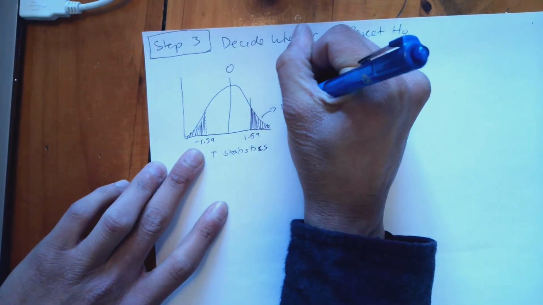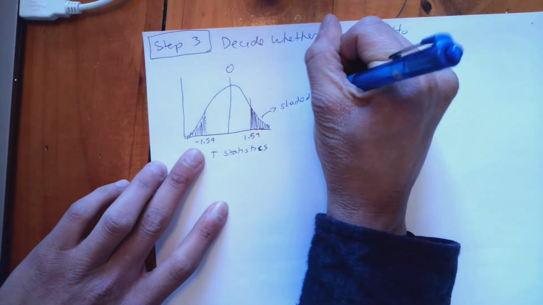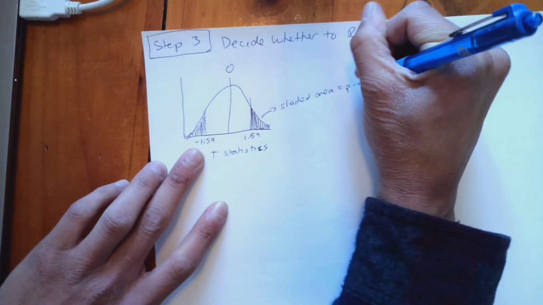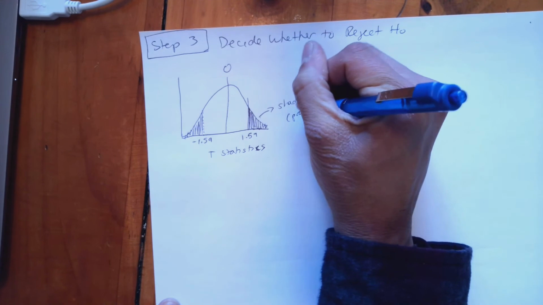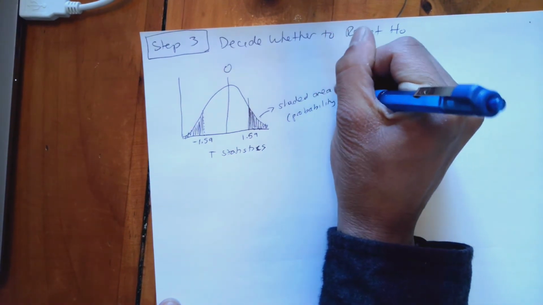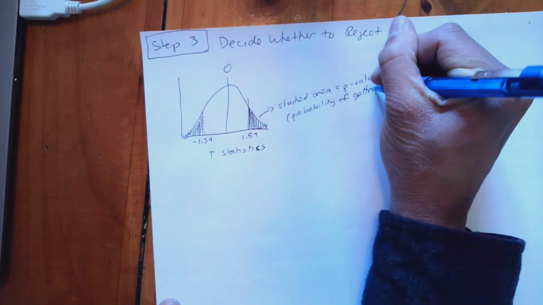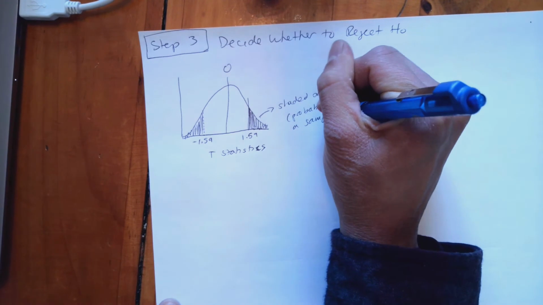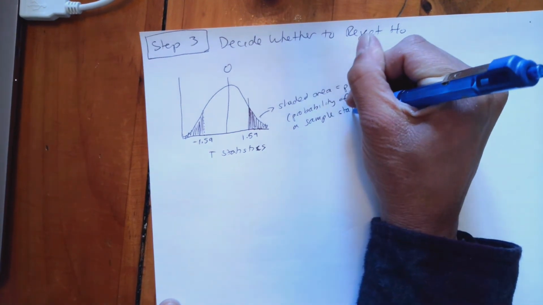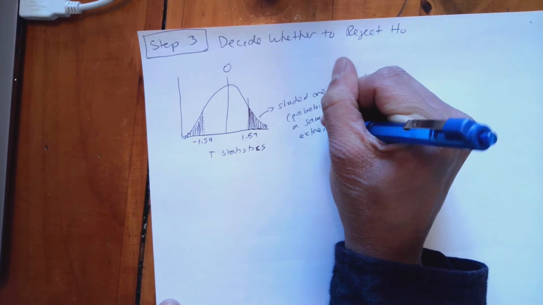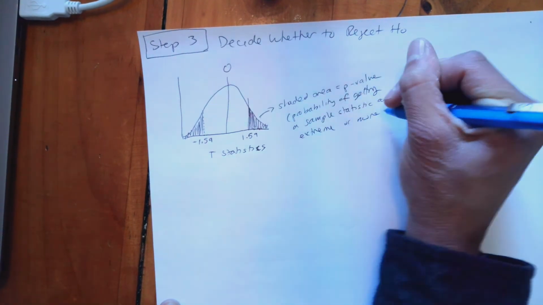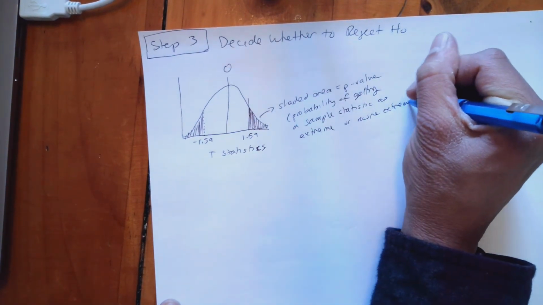So our shaded area is our p-value. That's the probability of getting a sample statistic as extreme or more extreme than the one we got.